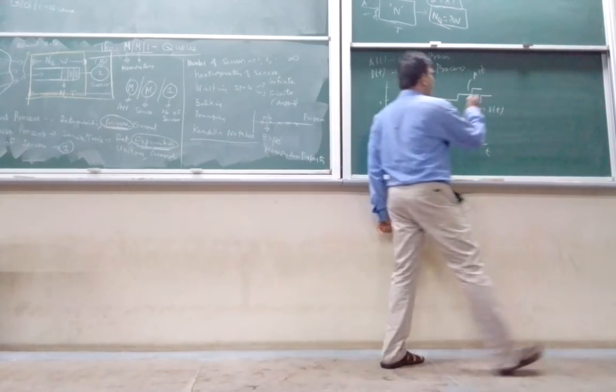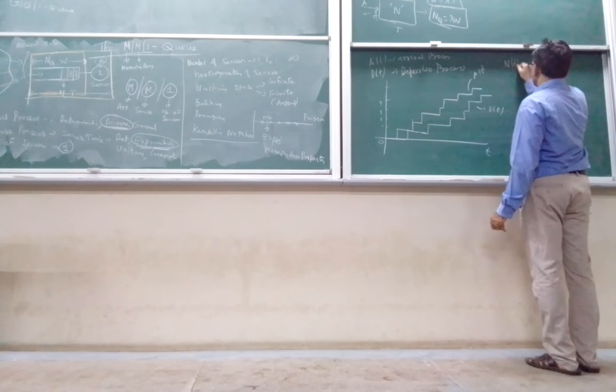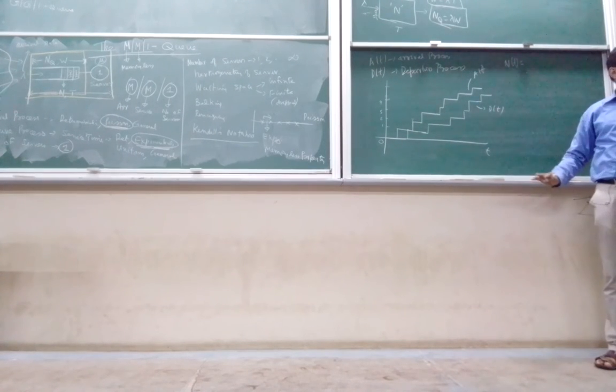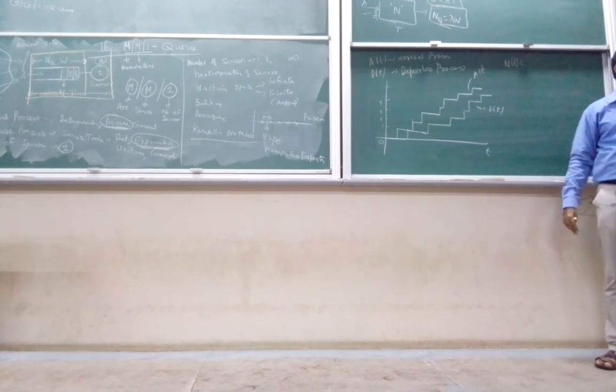We are interested in N of T, which is the number of customers in the queuing system at any given time. So what can you tell about N of T? You know the A of T and D of T processes.